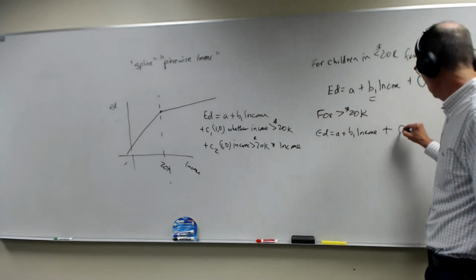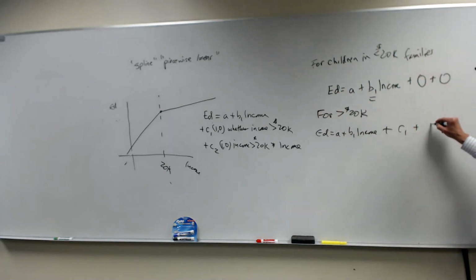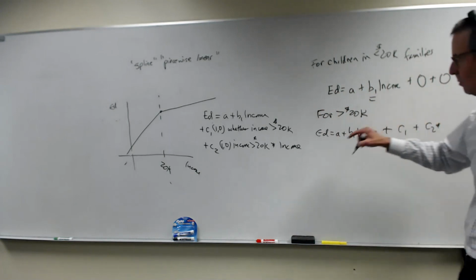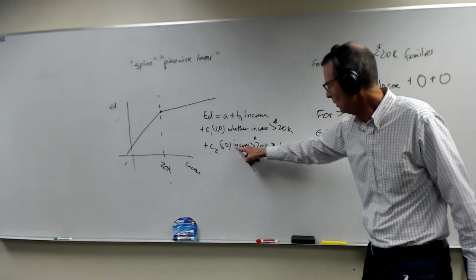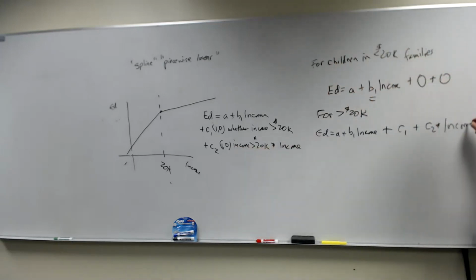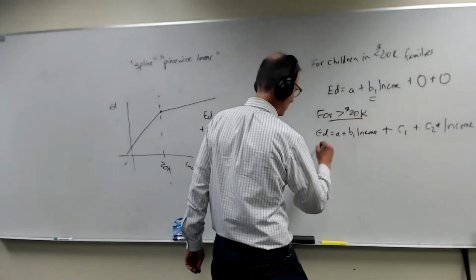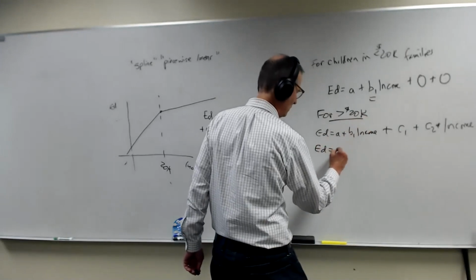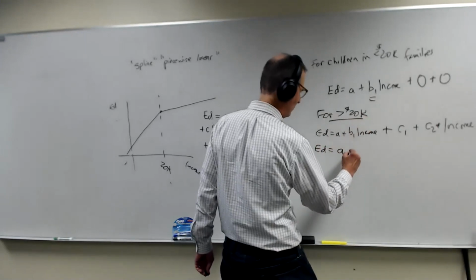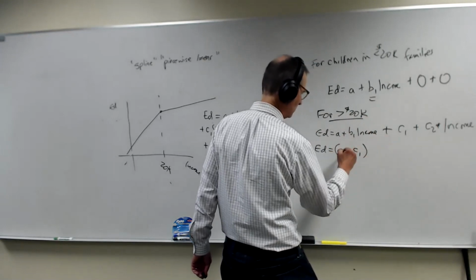So you're just going to get C1 plus C2 times, all these are 1s. So you're going to get C2 times income. So in other words, for these greater than 20,000 people, you're going to have a new constant, A plus C1.